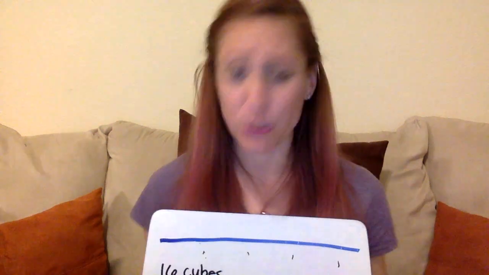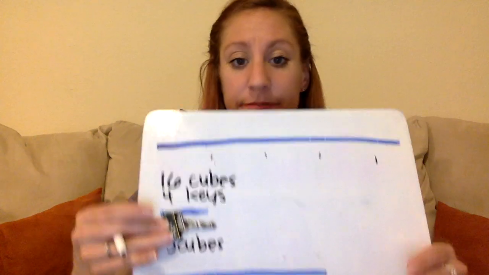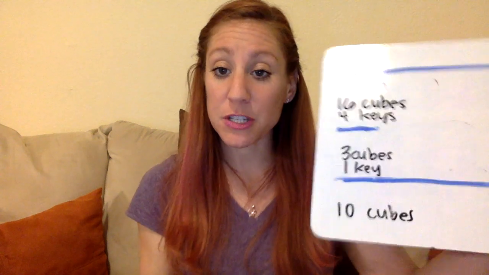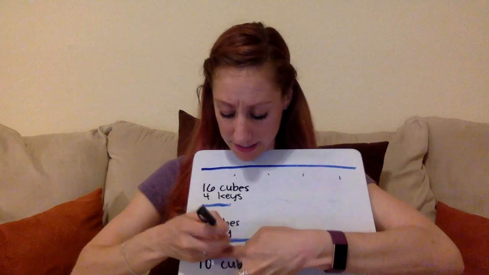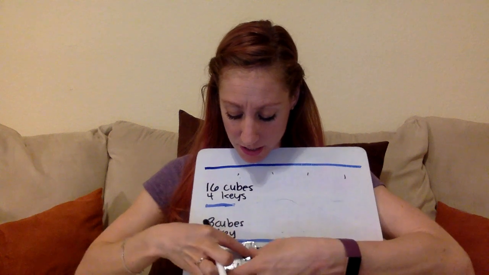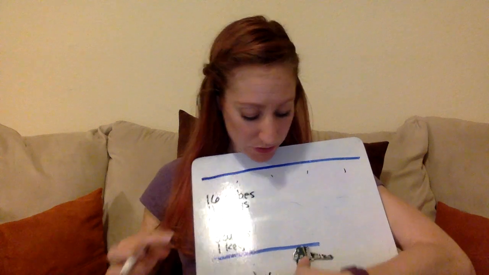Next, my line. A little shorter than 1, but it's about 1 key long. Let me try the last one. I know it's hard for you to see there. Measure and tick. Measure and tick. Measure. So it's almost 3 units long.